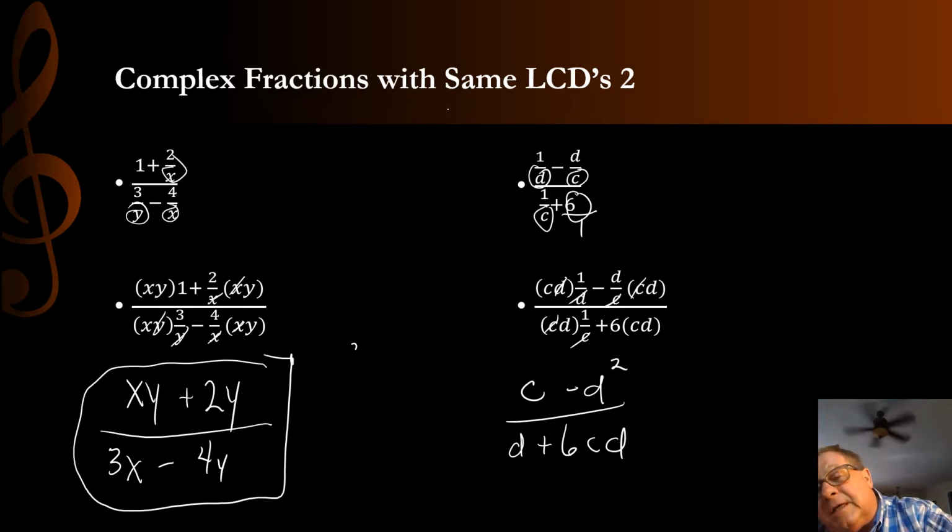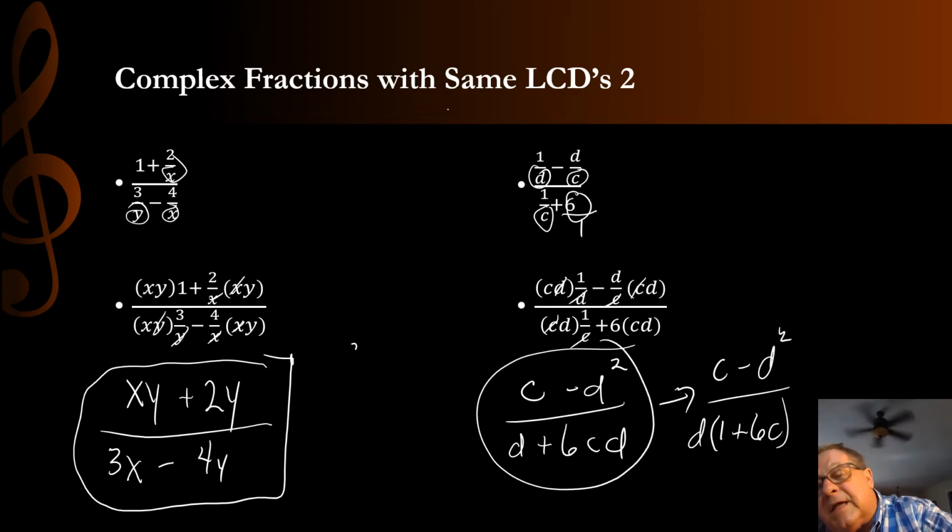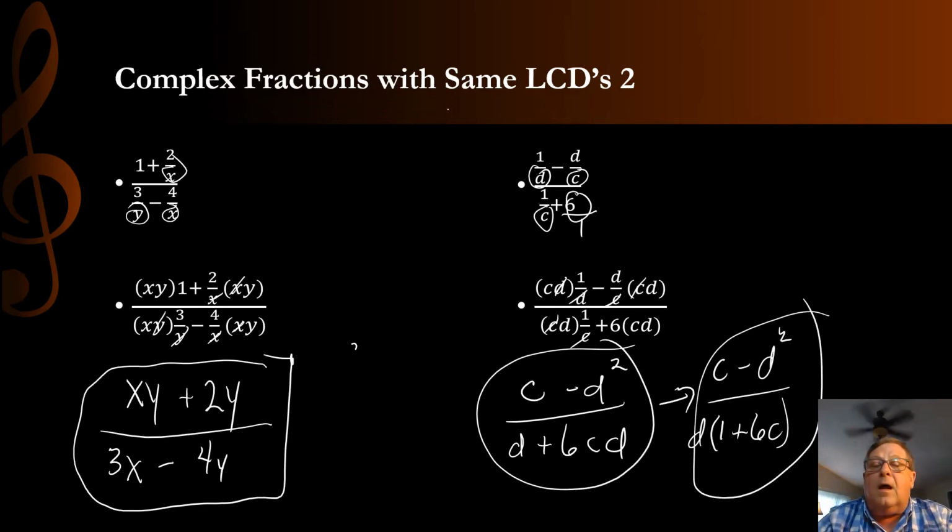And if we did, we could also express this as c minus d squared over d times 1 plus 6c. And so either one of those would be acceptable answers, depending on how far we're going to simplify this.